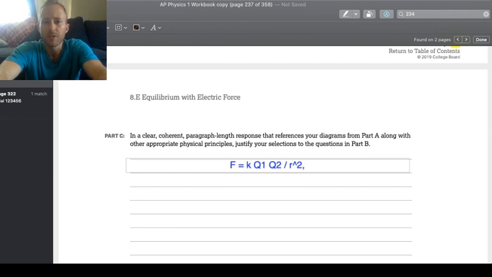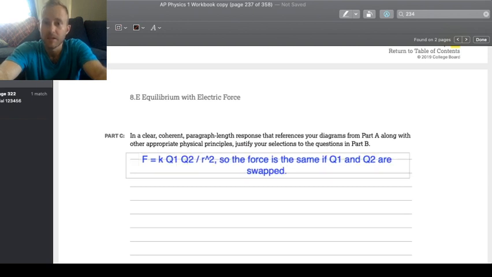The force is the same if Q1 and Q2 are swapped. So there's no way of knowing which has more charge.